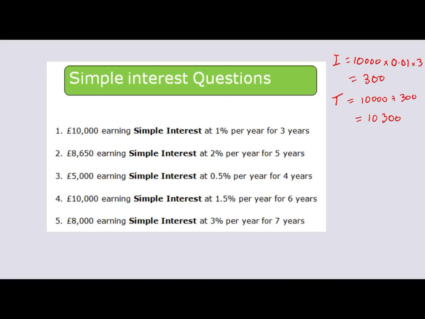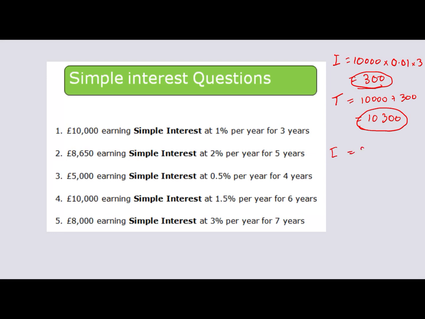So at the end, your total amount will be 10,000 plus 300, which equals 10,300. So this is the amount of interest you earned, and this is the total amount of money you have in your bank.